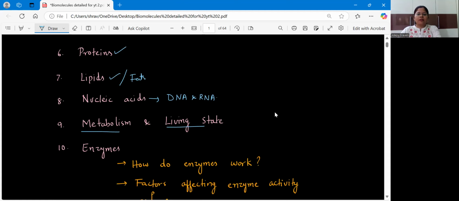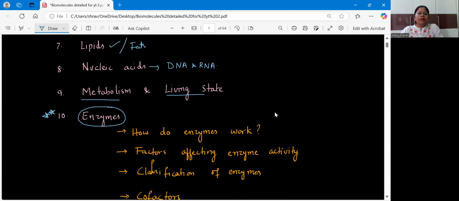After completing this, we'll be going into the enzymes. Enzymes is again very important from the exam point of view. Here, we'll be discussing what we mean by enzymes, how they work, that is, how they increase the rate of metabolic reactions or chemical reactions, and what are the factors responsible for enzyme activity.